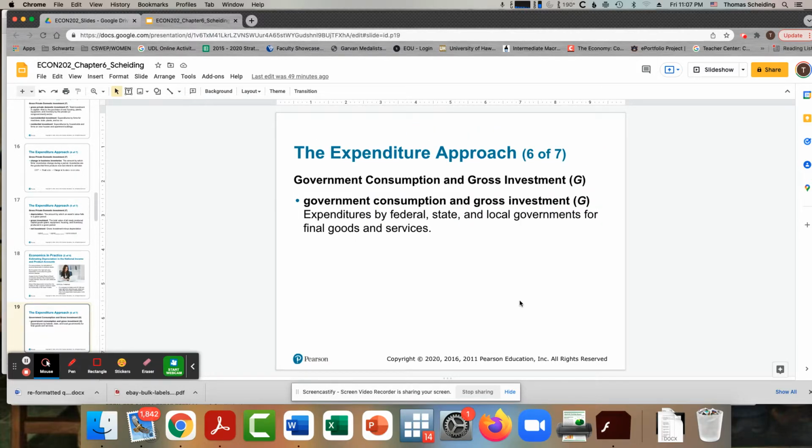Government spending. Government has to be buying a good or service for it to be counted here. The government just handing out money is not part of government spending. And certainly paying the government taxes is not part of GDP either. The government needs to be buying some good or service in some way, shape, or form, either at the federal level, the state level, or the local level, right?